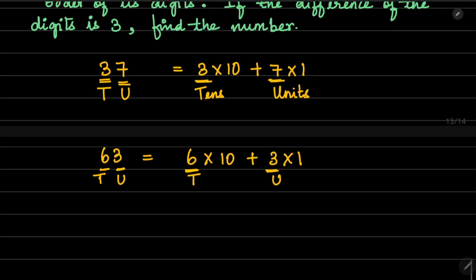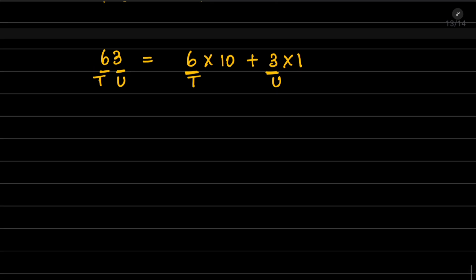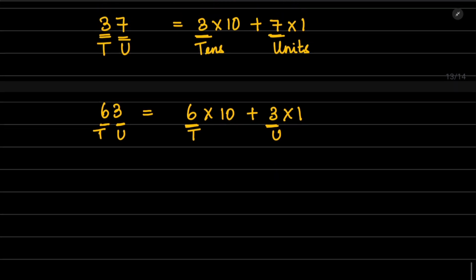Correct? Now, every 2-digit number will have a units place and a tens place. You agree? Now, if your tens place is equal to x and your units place is equal to y, what will be the number n? Look at the pattern here.